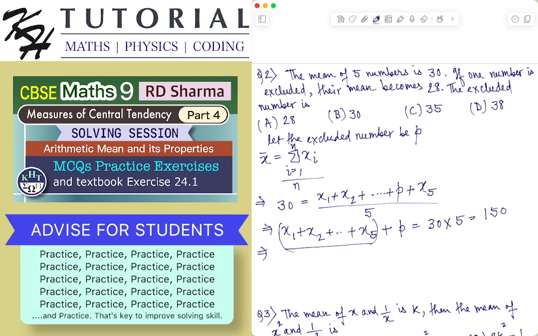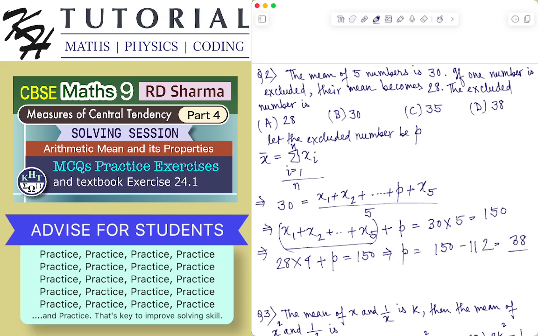The sum of the four observations, not including the excluded number, will be 28, their mean, multiplied by the number of observations, 4. So I have 28 multiplied by 4 plus p is equal to 150. From here I can easily find p: p is 150 minus 28 multiplied by 4, which is 112. So this is 38.